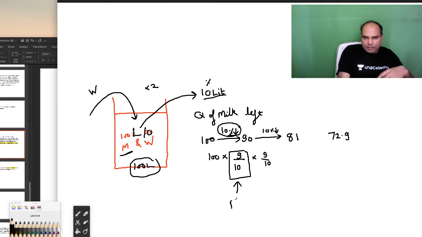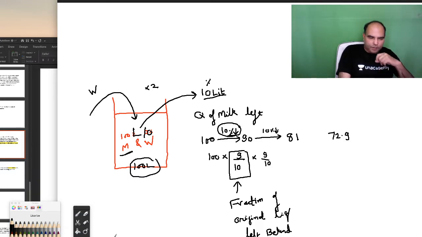So 9 by 10 is the fraction of the original liquid that you are leaving behind. Fraction of the original liquid left behind. This is the construct of these questions, and you can apply this thought everywhere.